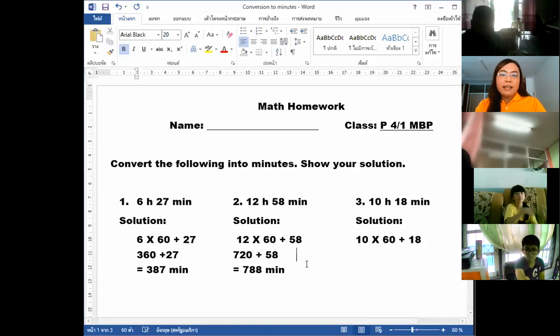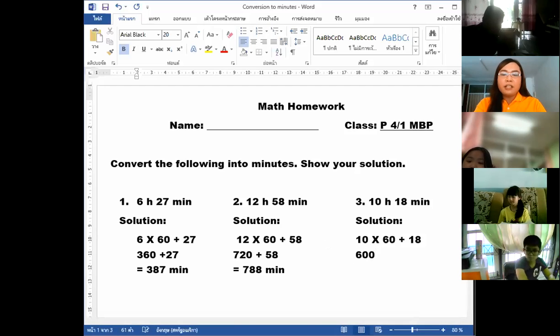So what is 10 multiplied by 60? 600. Okay, very good. 600 and then plus 18.